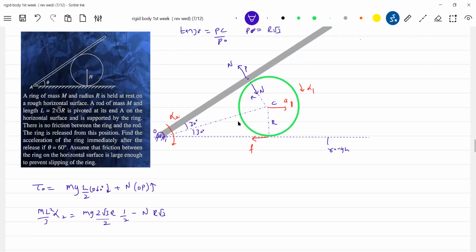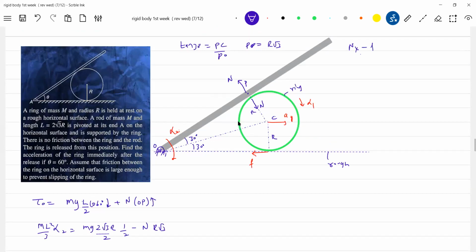Let me take this ring. Horizontal: Nx minus f equal to M A1. Then torque: Nx, how much will it be? Horizontal component is N sine 60. N sine 60 minus f equals M A1. F into R, it's a ring, no?